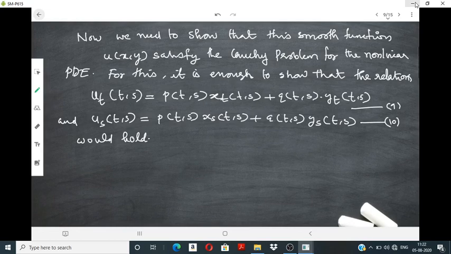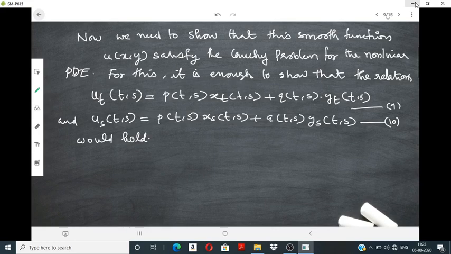For this, it is enough to show the relations for ut and us in terms of t and s. We have formed the solution in terms of x and y. Now we need to show that the derivative with respect to t, ut, is equal to p of ts into xt plus q of ts into yt, and the derivative of u with respect to s is equal to p of ts into xs plus q of ts into ys.